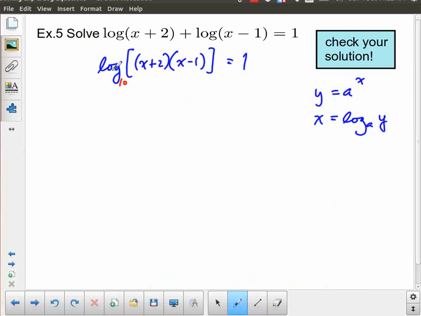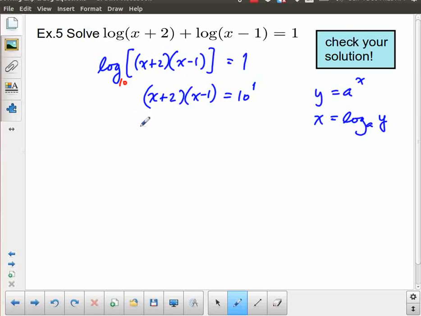And so in this case, I've got the log base 10 of something equals 1. So that means that I get x plus 2 times x minus 1 is equal to 10 to the power 1. So this base to this value becomes my exponential part, and this just becomes the value on its own.